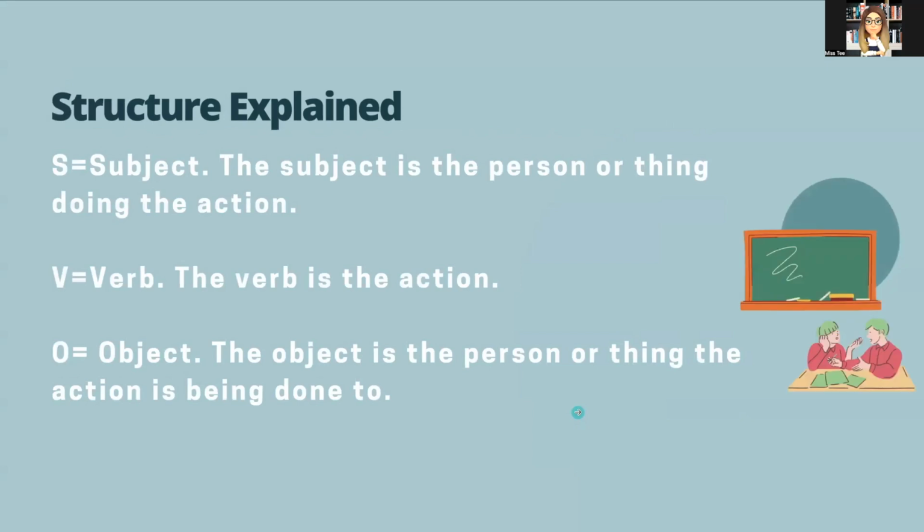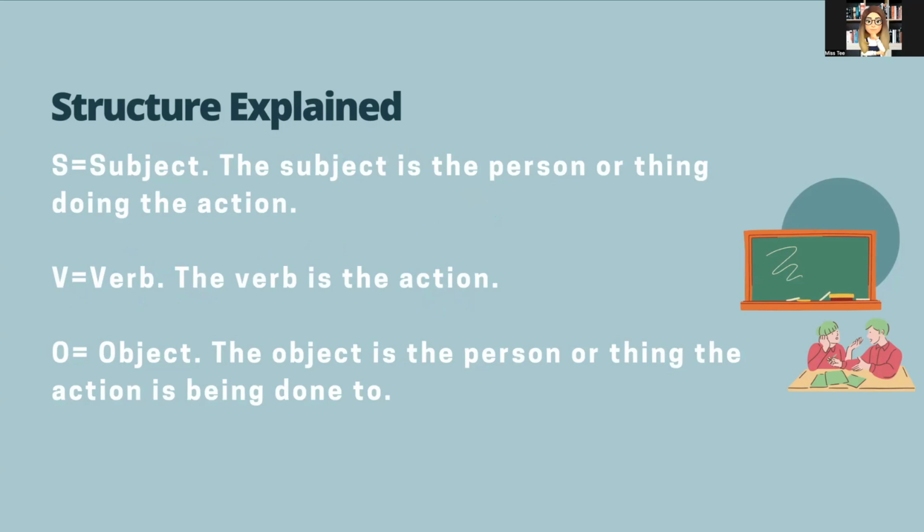Now, I'm going to explain the structure just a little bit more. S, whenever you see a structure breakdown and it's only S, S means subject. The subject is the person or thing doing the action. V is verb. The verb is the action. So this is any action word. Walk, teach, swim, cook, run.